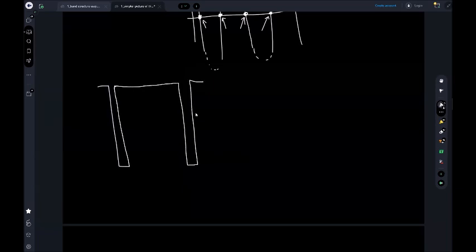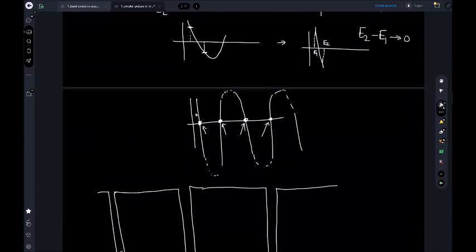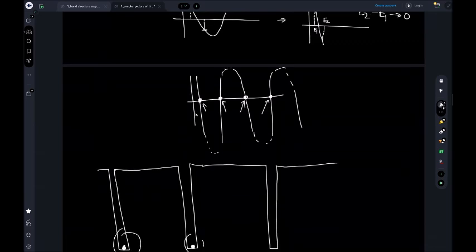Then these atoms will again start behaving as if they are independent of each other, and because of this large potential barrier, this electron will be unaware of the existence of this atom, and it will be unaware of the existence of the electron here. So again, the same thing happens. The allowed energy range will start shrinking again if U naught is increased.